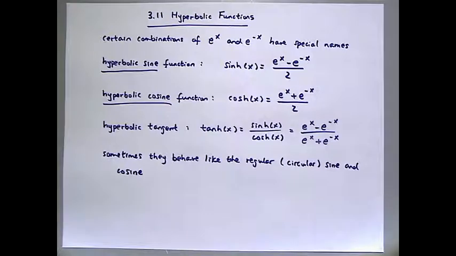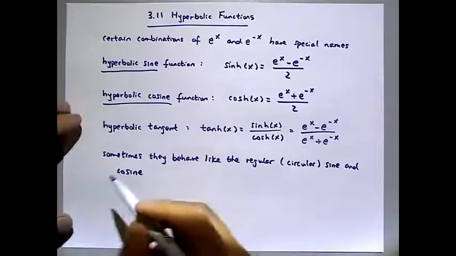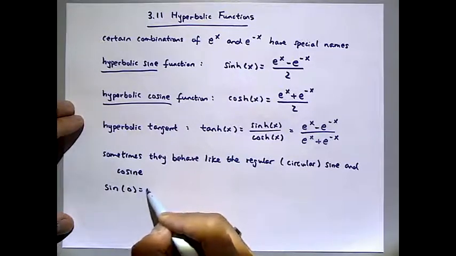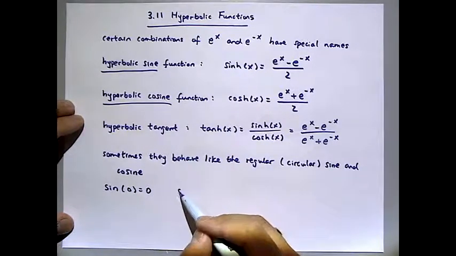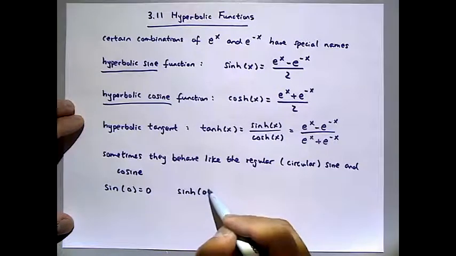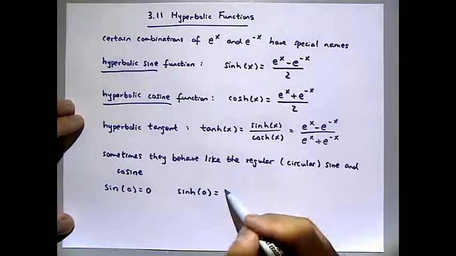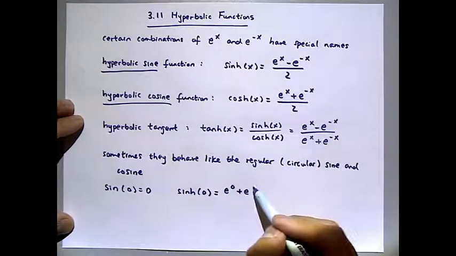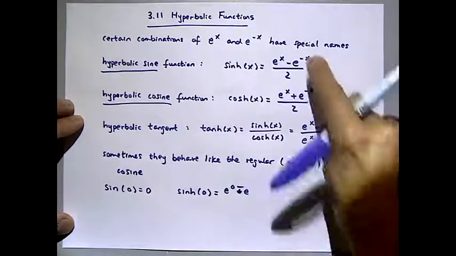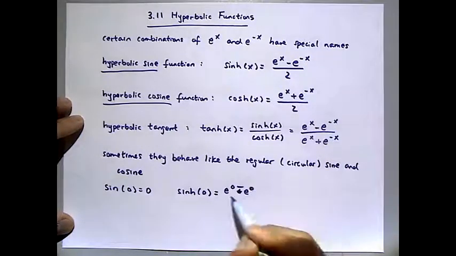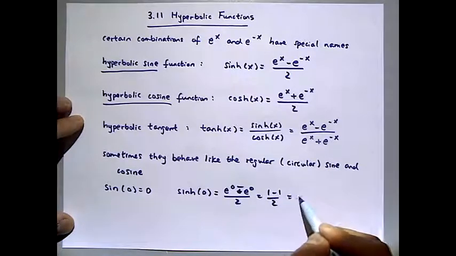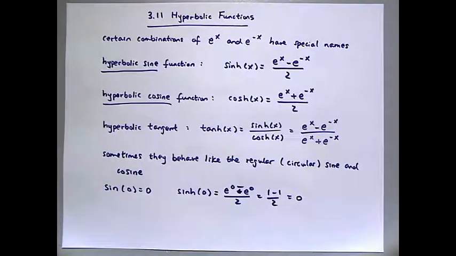For example, if you plug in 0 for x, we know circular sine of 0 is 0. And notice that the hyperbolic sine of 0 is e to the 0 minus e to the negative 0, which is still e to the 0, over 2. That's 1 minus 1 over 2, and that's a 0. So in that respect, it behaves like the circular sine.